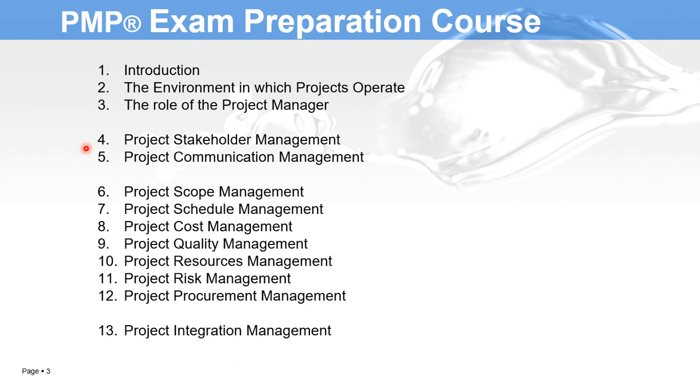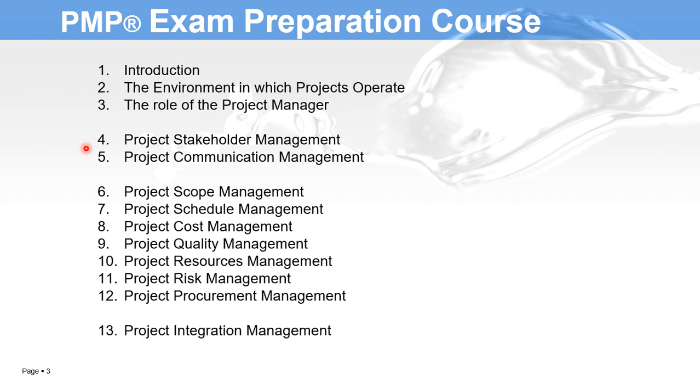The reason behind that, or the justification for why we start with stakeholder and communication, actually in the real life project it is more practical to start with the stakeholder, to know who is the stakeholder of the project, and to identify all the stakeholders and start to communicate with them in order to assess and know their high level requirement in the project, and then start to develop a complete and detailed scope of the project, detailed requirement.